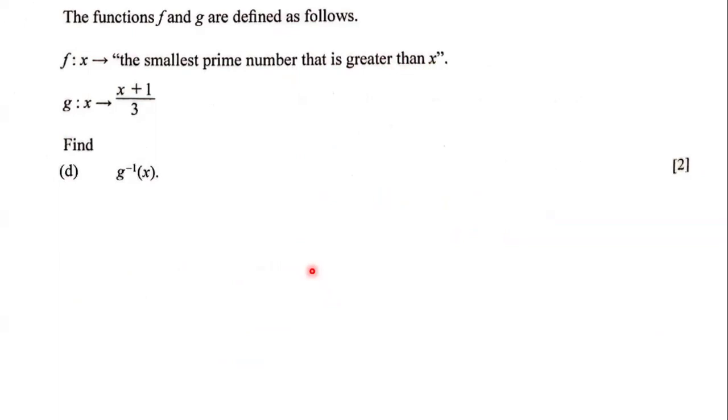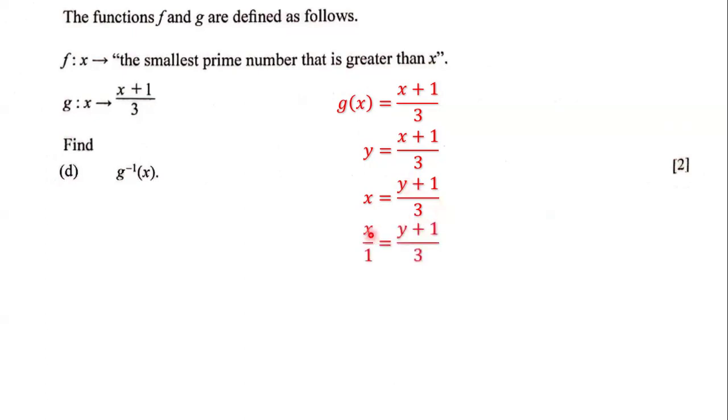Next, we have to find the inverse of g. We know that the function g is defined as x plus 1 over 3. We set g of x equal to y, so y is equal to x plus 1 over 3. The next step is to switch x and y, so we put x on this side and y on this side. Then we solve for y. So we have x over 1 is equal to y plus 1 over 3.